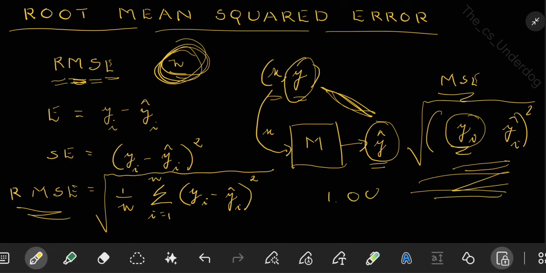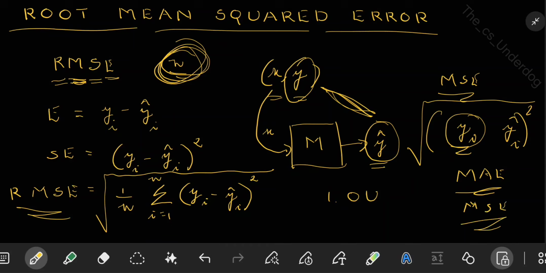This is the main advantage that you get. We already discussed in case of mean absolute error, your error always remains in the original units. But in case of mean squared error, it gets deviated. It is not in original units. When you have RMSE, this issue is rectified. Now you have the final error in the original units. This is the first advantage.